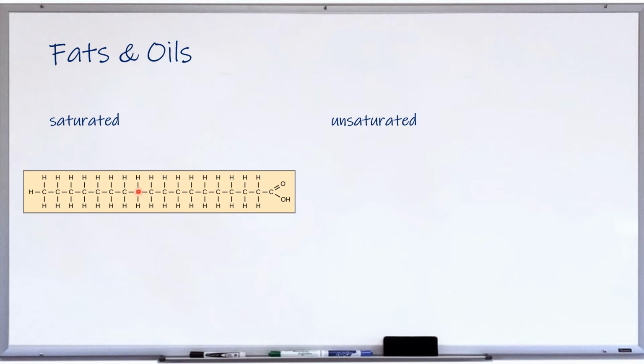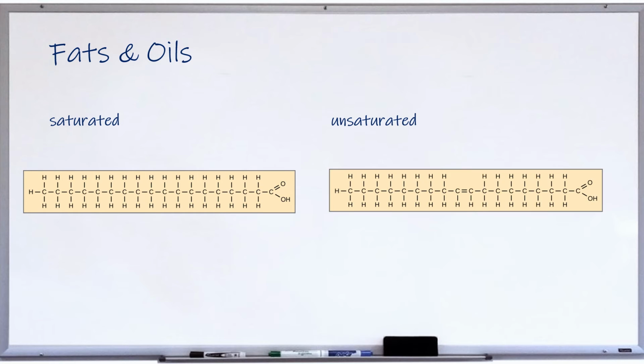Saturated fats have only single bonds between carbons. You can see here, there's only single bonds between these carbons. If the fat has even one double bond between carbons, so here's one right here, then it's unsaturated. So saturated fats, single bonds; unsaturated fats, at least one double bond. And that's only from carbon to carbon.